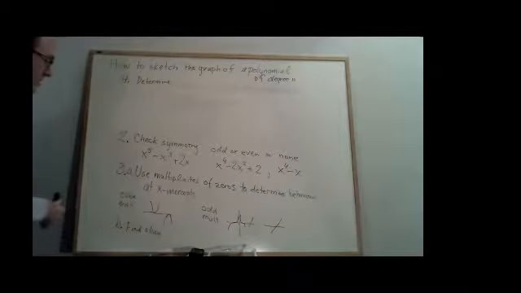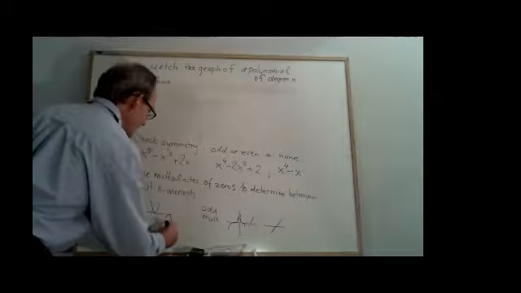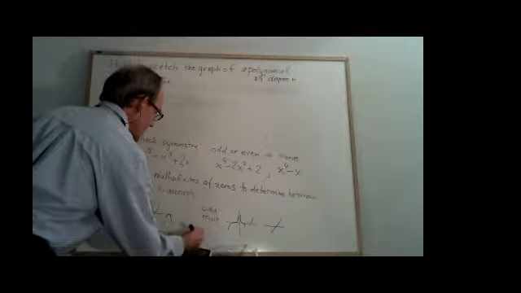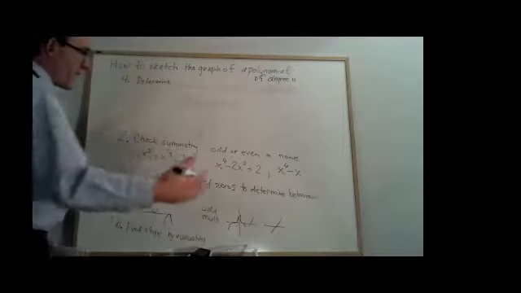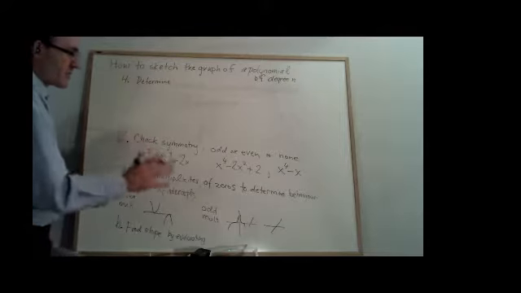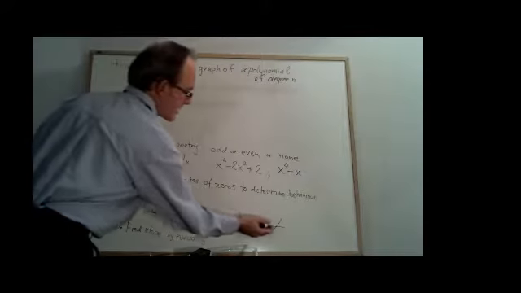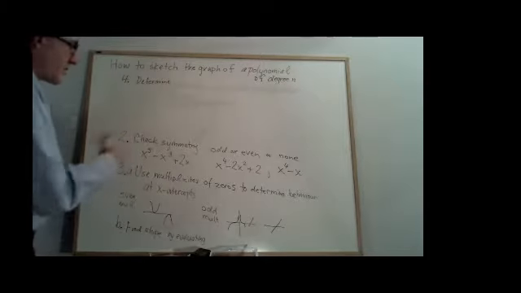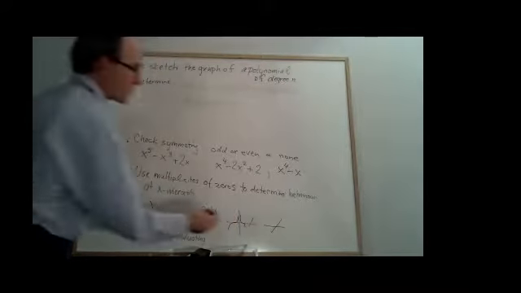This is over and above what's in the book. Find the slope by evaluating the rest of the factors at that root. So just evaluate all the factors except the linear factor corresponding to this root. And that gives you the coefficient, which is the slope.